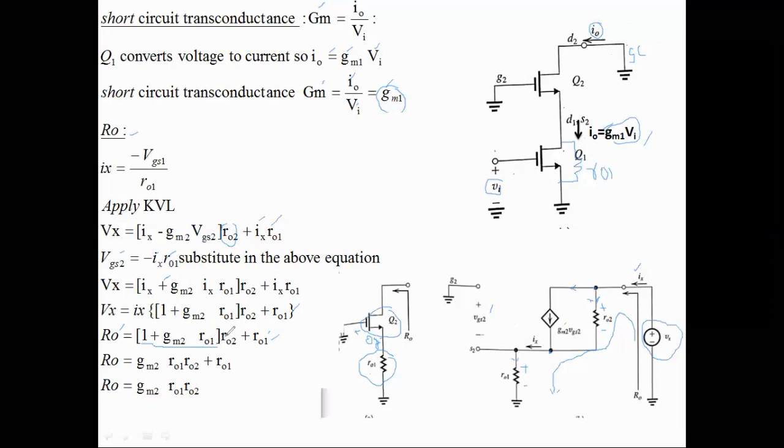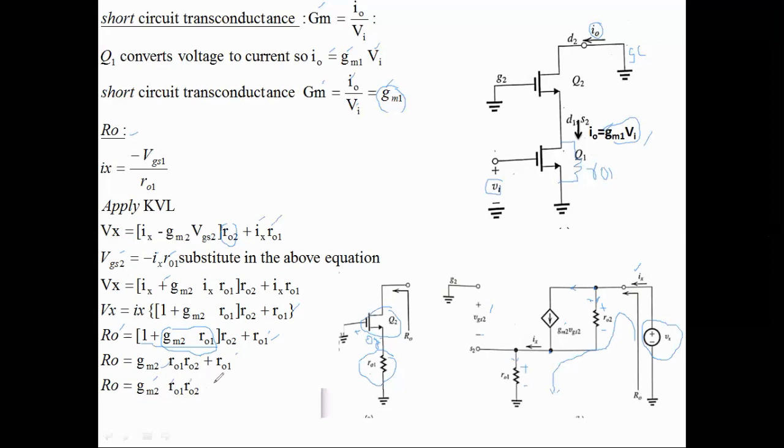Now gm2 R01 is large compared to 1, so I am approximating gm2 R01 R02 plus R01. These three are multiplied, so this term is large compared to the other, so R0 equals gm2 R01 R02.